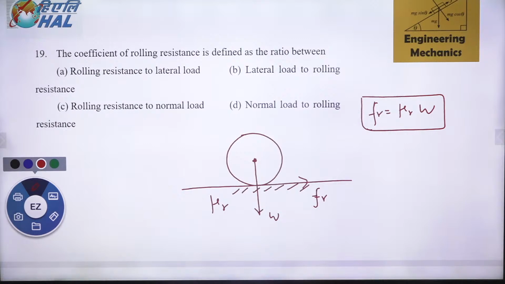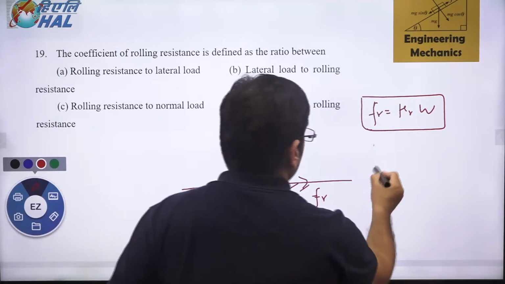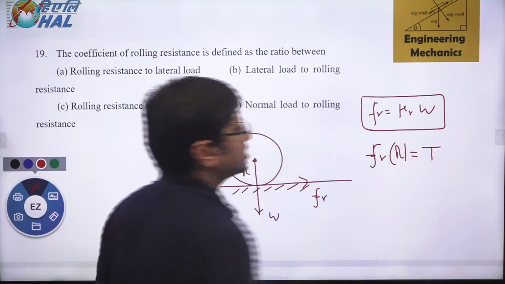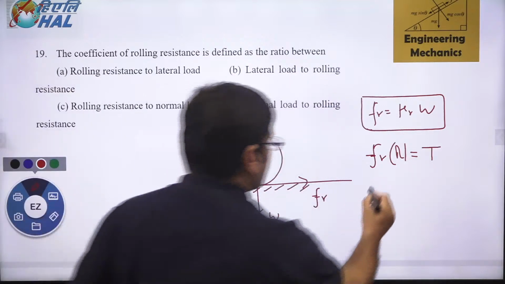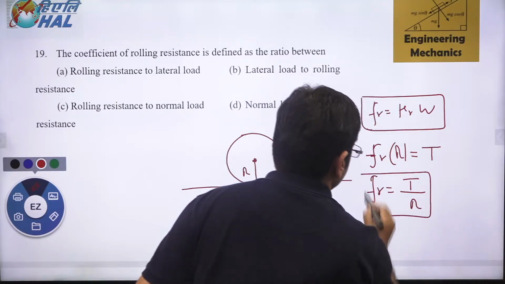And then there is another concept by which we find the rolling friction. Suppose this is the radius of this roller. So Fr into radius is the resisting torque. So rolling friction is the torque acting over the radius.